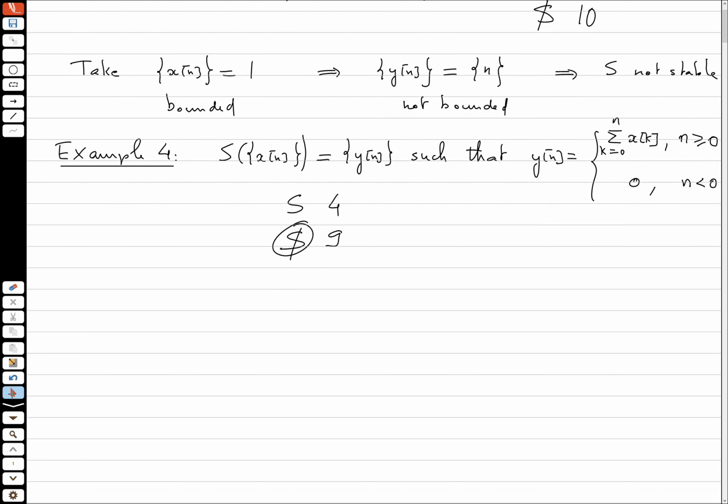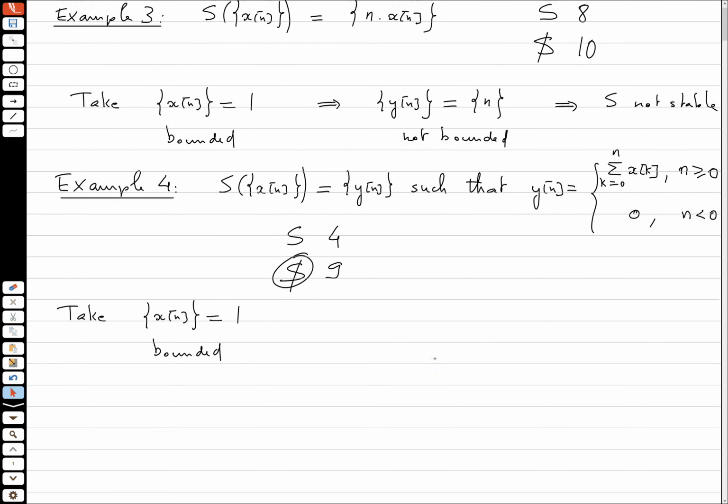You know what? The same example is going to help. Take x of n equals 1. Can you tell me what is going to be y of n? I mean, obviously, it's going to be 0 for n negative because you don't have a choice. So now you tell me the other one.